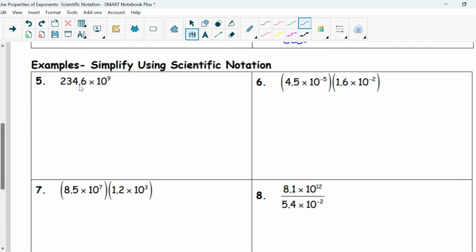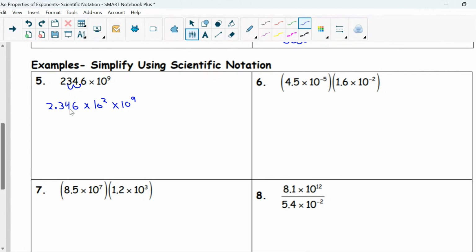So in this case, we are going to need to move our decimal place 2 places to the left. Okay, remember, going from decimal form to scientific notation, a shift to the left of your decimal point gives you a positive exponent. So this would give me 2.346 times 10, we moved our decimal place 2 points, to the second power. Okay, that is how we shifted here. Yet, we still had 10 to the ninth power left over. So this would be times 10 to the ninth power.